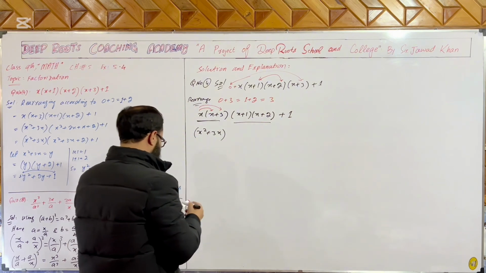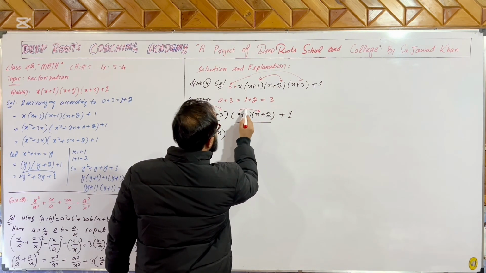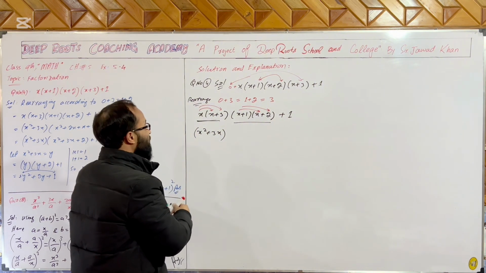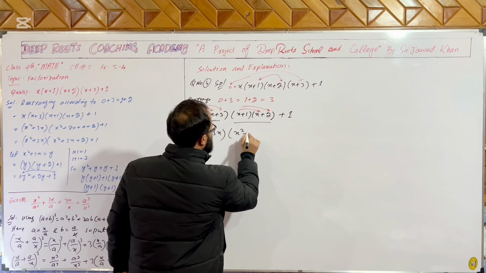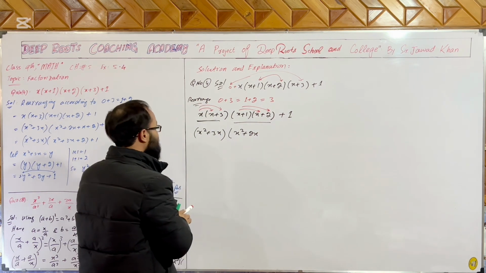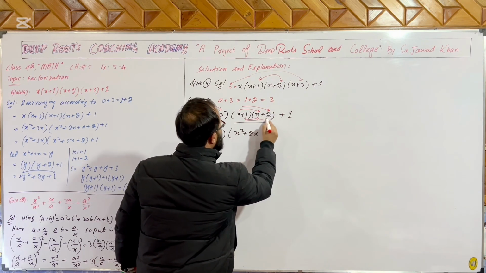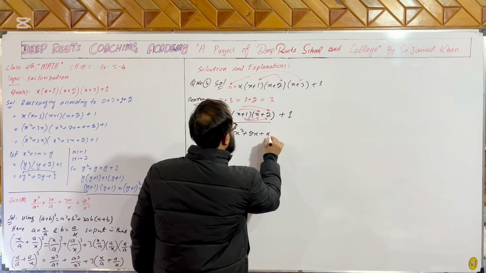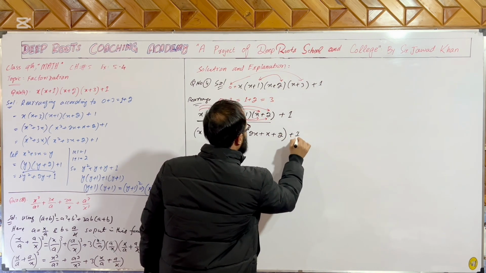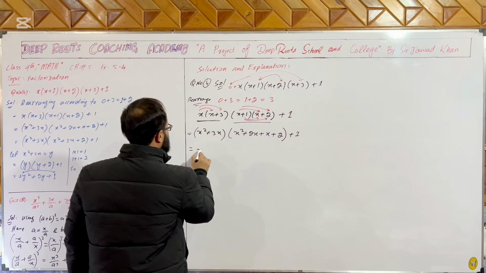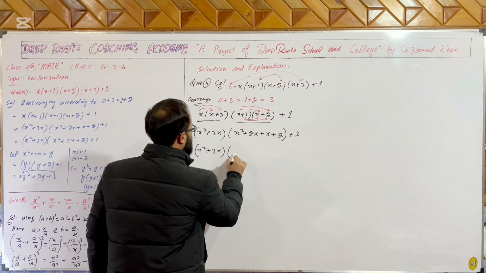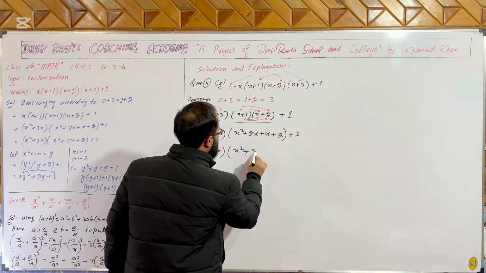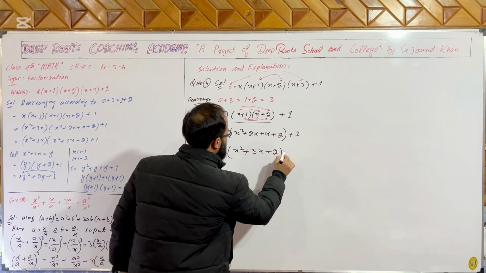Now multiply this x with this one and then with this 2, and then the 1 with each term, so it will give us x square plus 2x, and then x plus 2 and plus 1. So it will give us x into x plus 3 again, and x square plus 3x plus 2 plus 1.